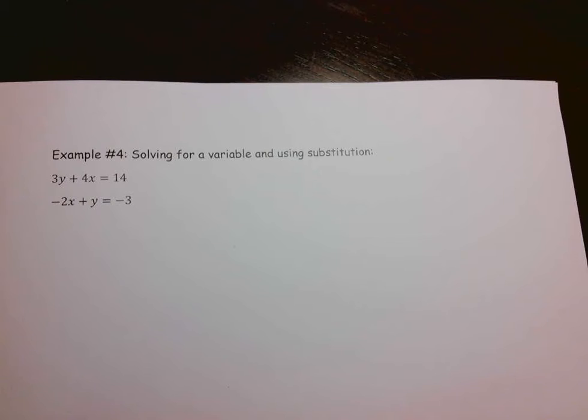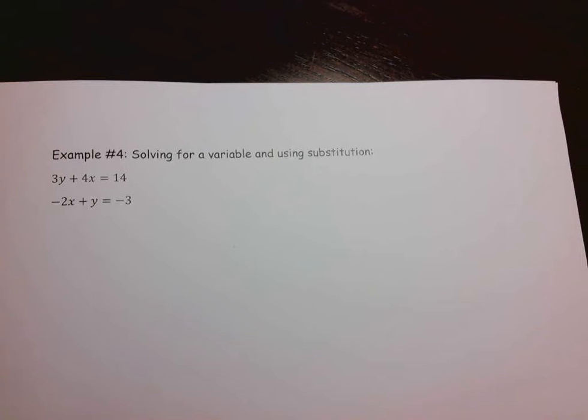Okay, example number 4. This is the exact same thing, except we don't have a variable that's already solved for. We need to take either equation and solve for either variable. It does not matter which equation, and it does not matter which variable.